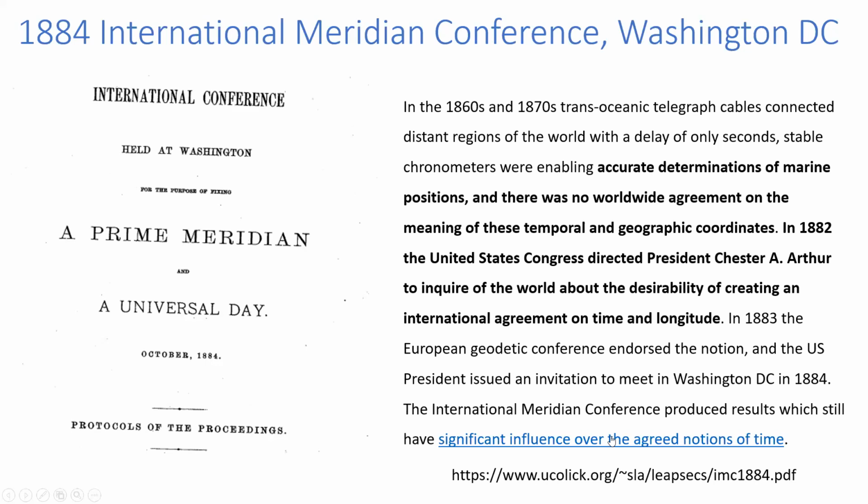So this happened in 1883 in Washington DC, and this is what was agreed upon: Greenwich will be the zero meridian, and then the entire globe was divided into different time zones. After that, it was left to the countries to decide what their time zone should be.